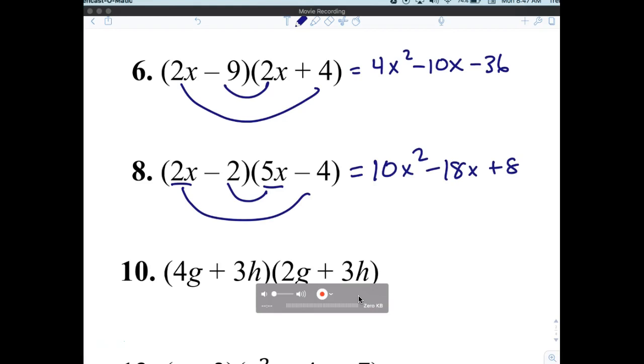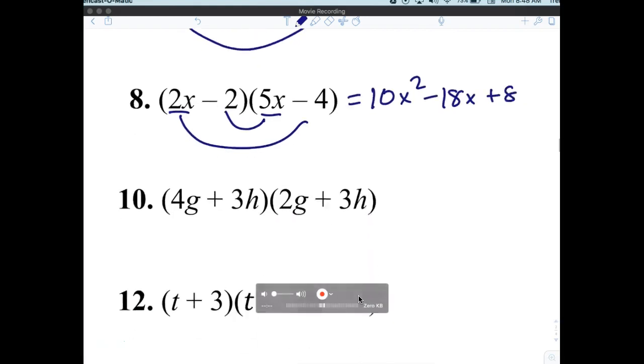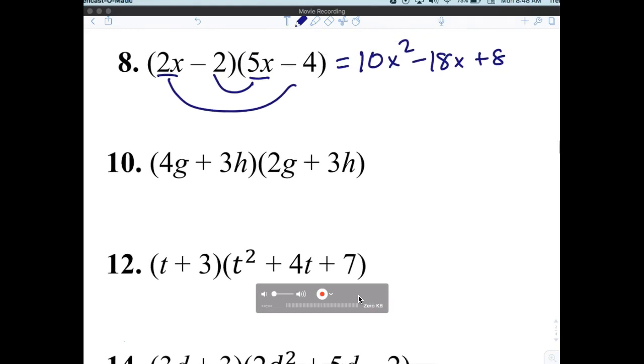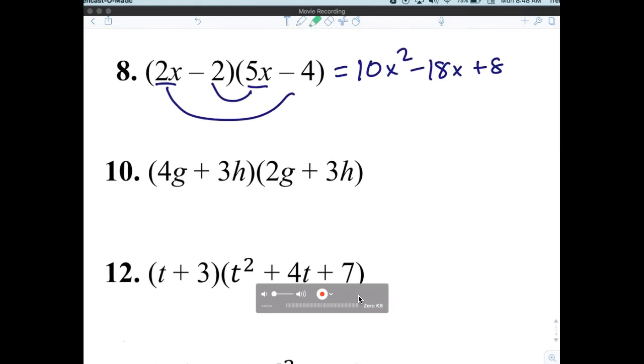Yes? You know how to get the last thing on number 6, it was minus 36? Oh wait, never mind, I don't have a question. Thank you. I see how you got negative 18x. Okay, so here we go. You ready? Negative 10x and negative 8x gives me negative 18x.